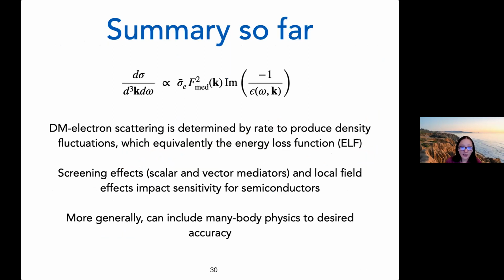Okay, so here's the summary so far. I've explained why we can think of dark matter scattering and rewrite it in just this simple form in terms of the dielectric response, and how we use this to wrap up all the many body physics in one thing, and more practically for semiconductors, calculate these screening effects.